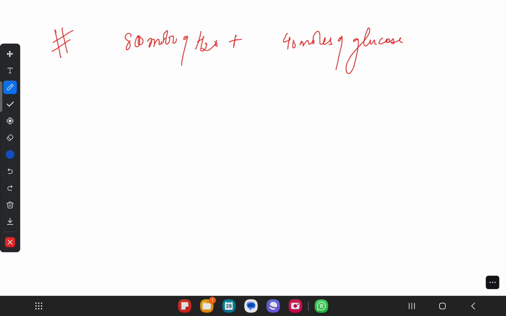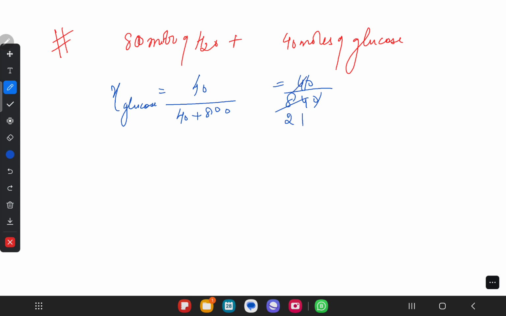So how do you calculate the mole fraction? 40 over 120 for the glucose, and 80 over 120.